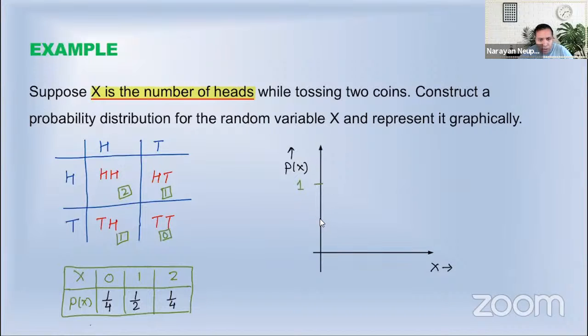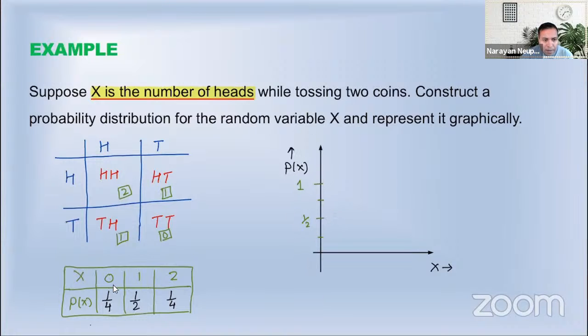If I divide it into the middle, into 2 parts, that is a half. If I divide further, this will be 1/4 and that will be 3/4. So 1/4, 1/2, 3/4, and then 1. Those are the probabilities along the y-axis.